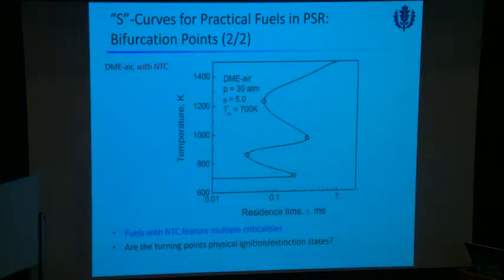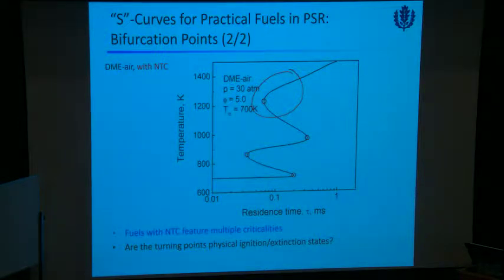But if you look at DME air or whatever real engine fuels, you find the S curve is quite complicated. You get a lot more turnings. Again, the upper branch is still the extinction state for strong flame. If you get a strongly burning flame, the chemistry is still the same, controlling the large hydrocarbon fuels or DME.